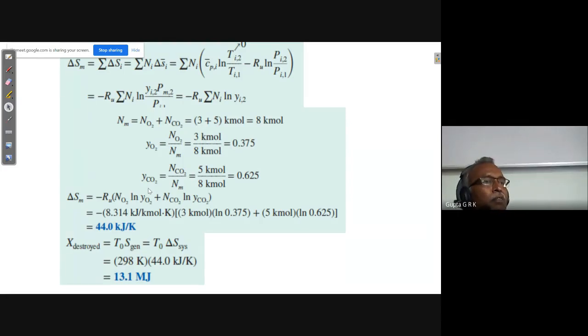This is the way we can solve the problems of the mixture. You can go through the problems given in the three books which I have prescribed, that is Nag, Borgnakke, and Cengel. You can feel comfortable.